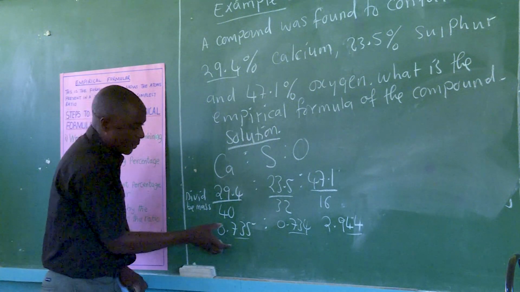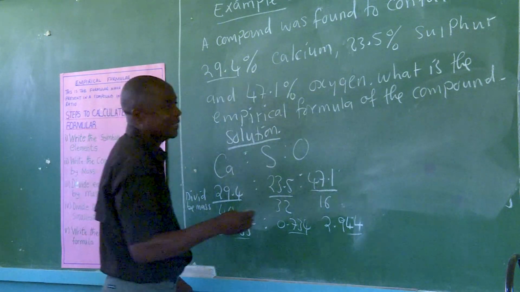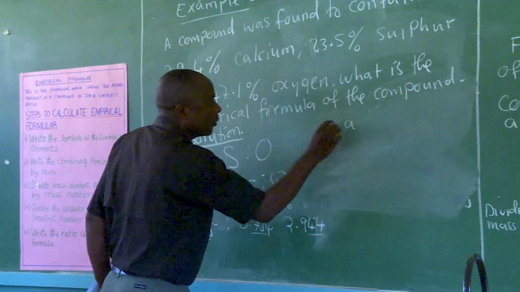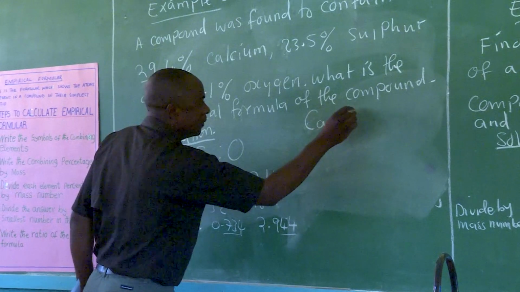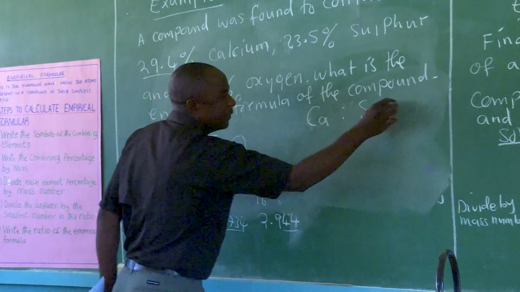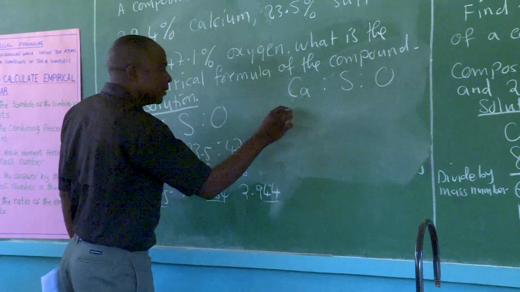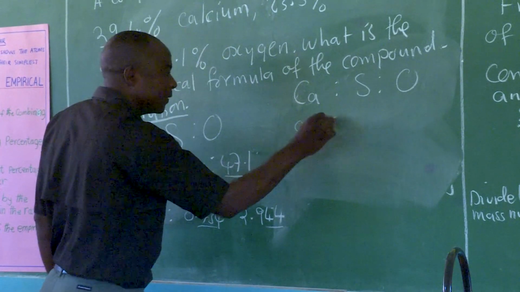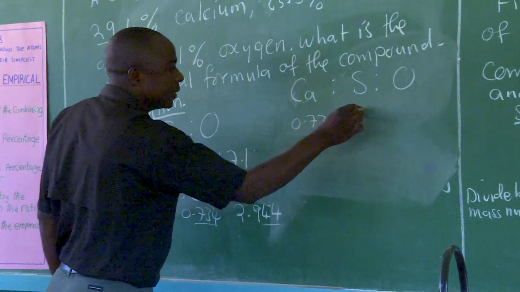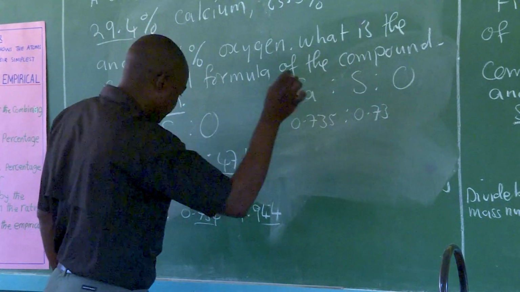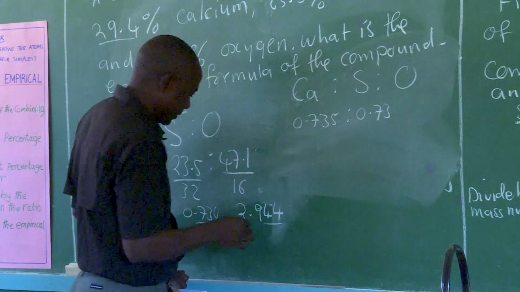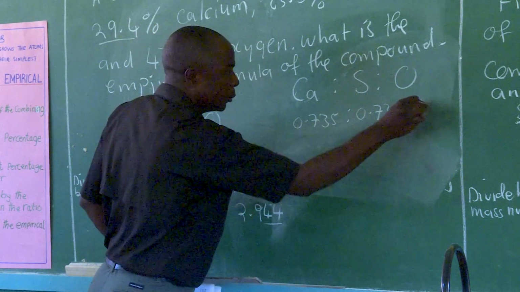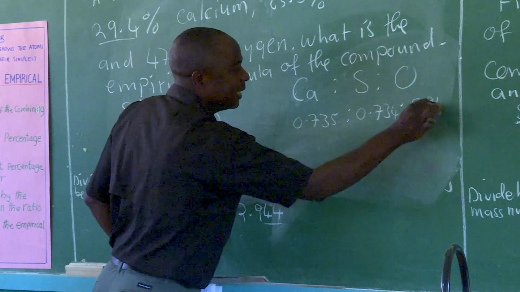So what I will do, I will write this up there so that you can see them properly. Okay? So we have calcium, sulfur, oxygen. So the values are 0.735, 0.734, and 2.944.